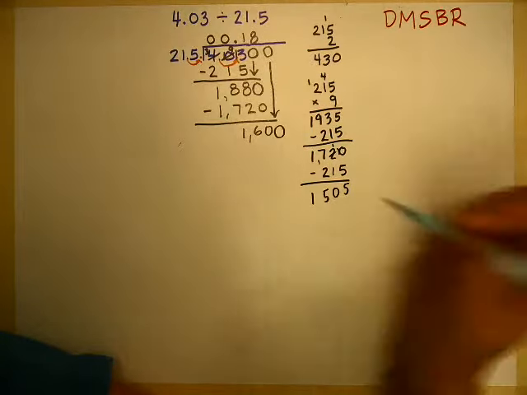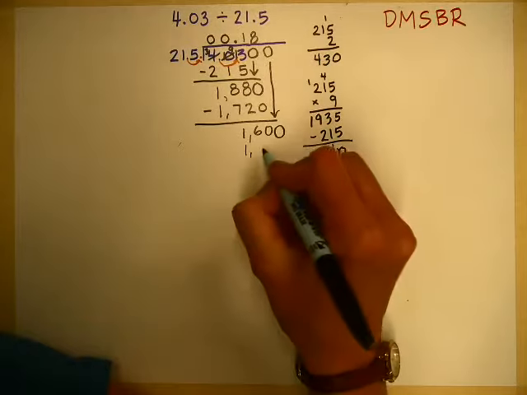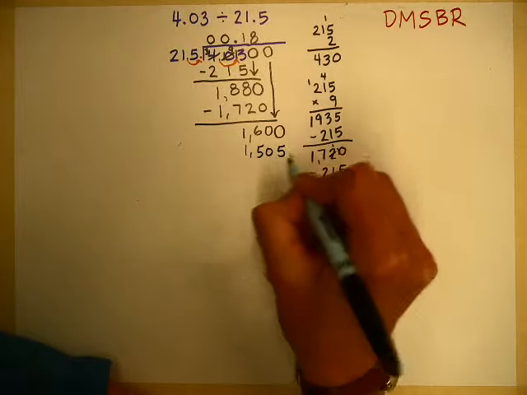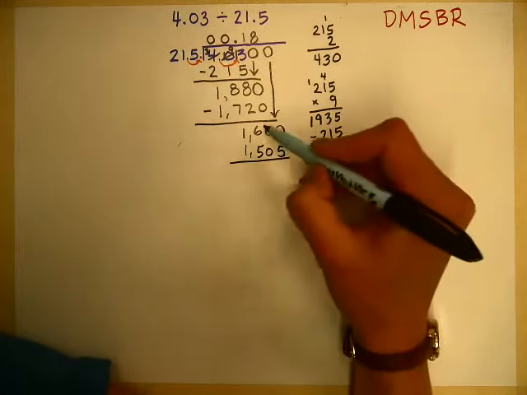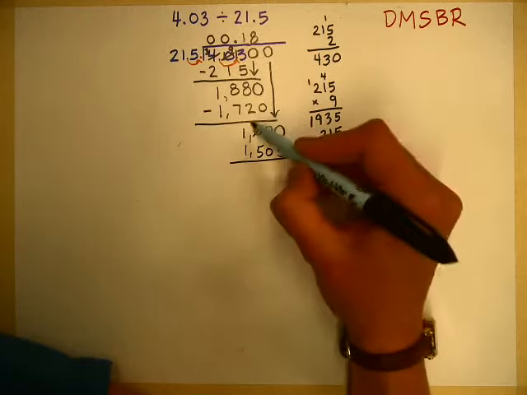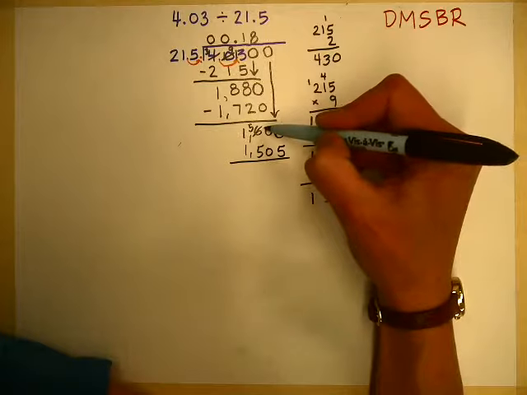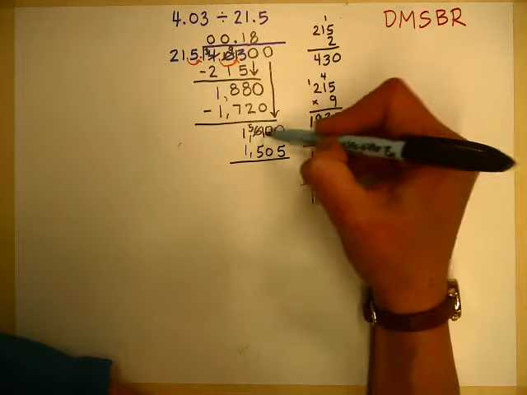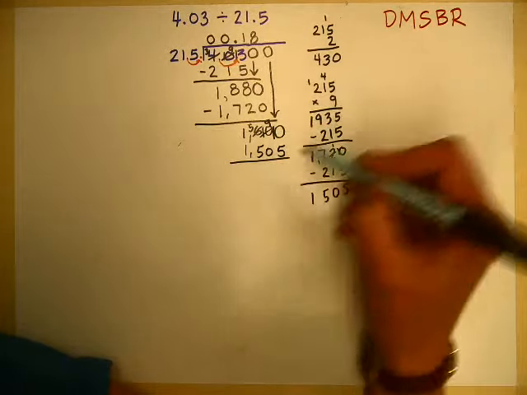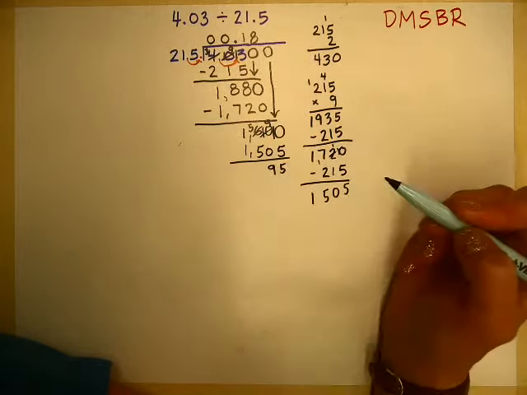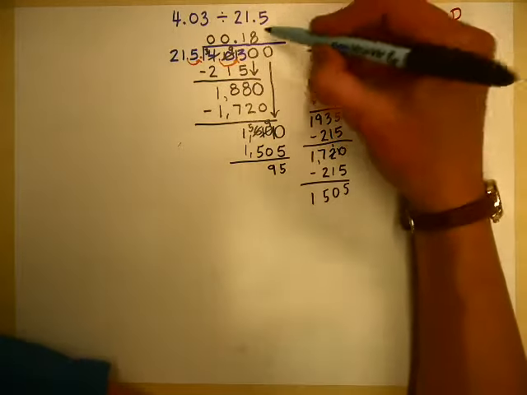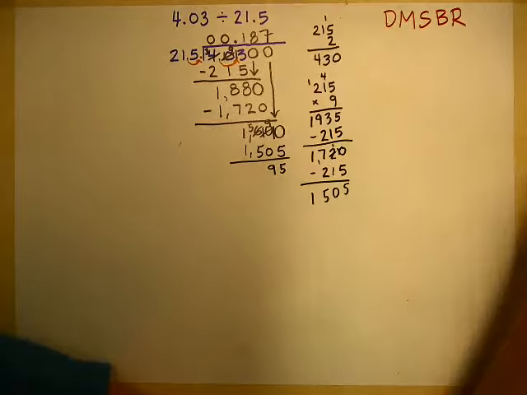That looks right. So 1,505. And take from this 5, and from the 6, and turn it into 5. Make that a 10. Turn that into a 9. Make that 10, 5, 9, 95. So that was 7 times.